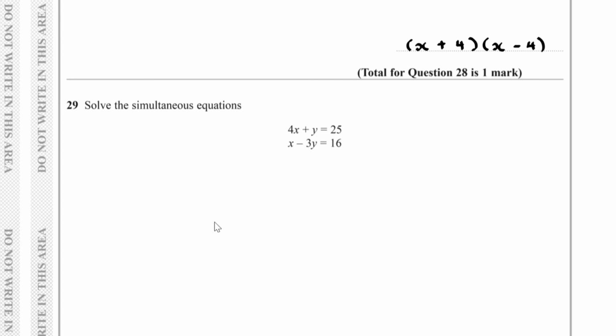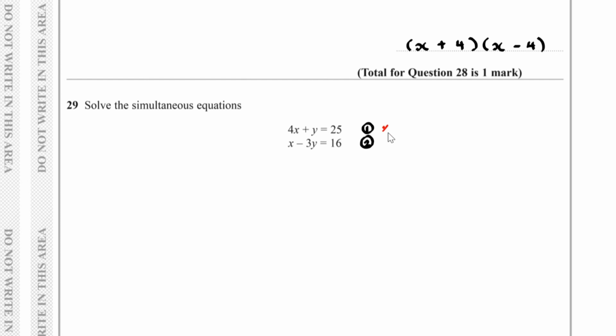Question number 29, we have to solve the simultaneous equations 4x plus y equals 25 and x minus 3y equals 16. Well, if I call this equation 1 and this equation 2, we can get the y's the same, ignoring any signs.